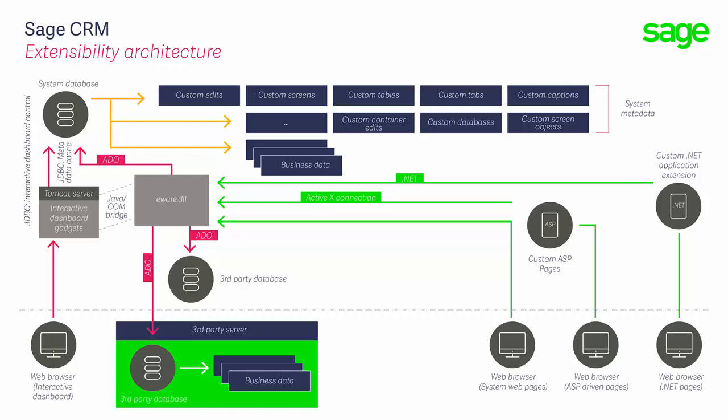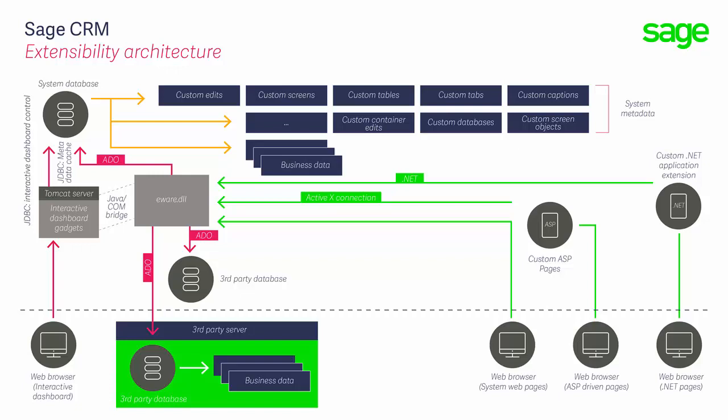Now you can create inside Sage CRM a metadata definition that explains how to reach and contact a particular table. Imagine we're doing it in a close connection way, so your CRM database knows what the credentials of the accounting system database are. You connect to it, you're able to retrieve the data, and you're able to display it in a list, or in a screen.